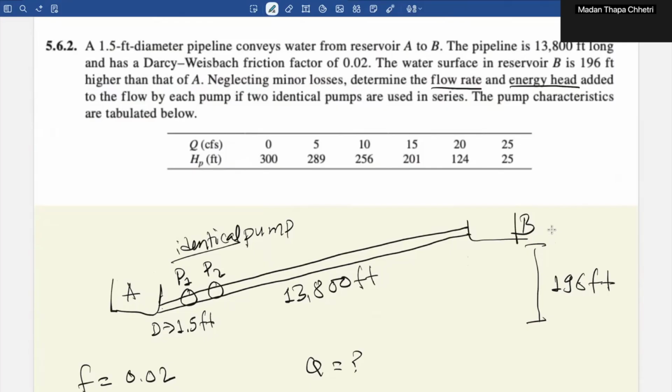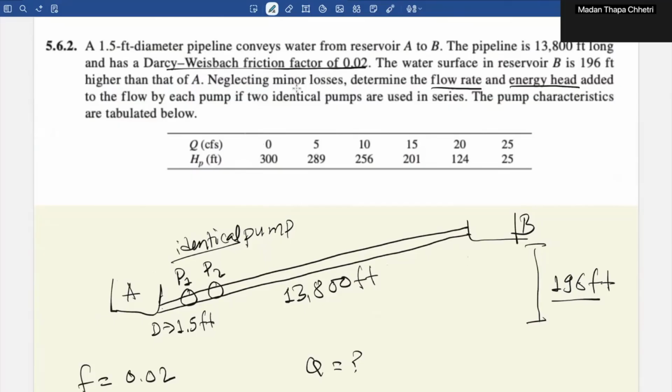B is above A by 196 feet, and the length of the pipeline is 13,800 feet. The diameter of the pipe I already mentioned, and the Darcy-Weisbach friction factor is also given, which is 0.02.